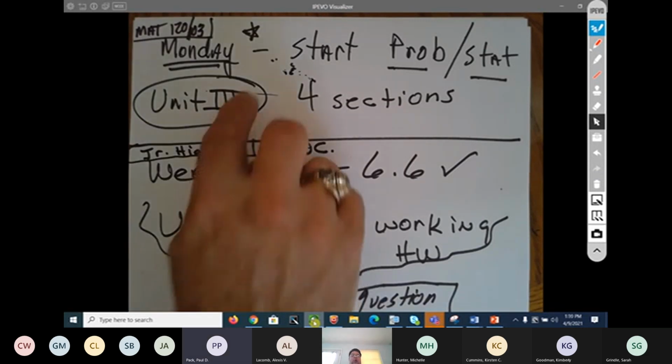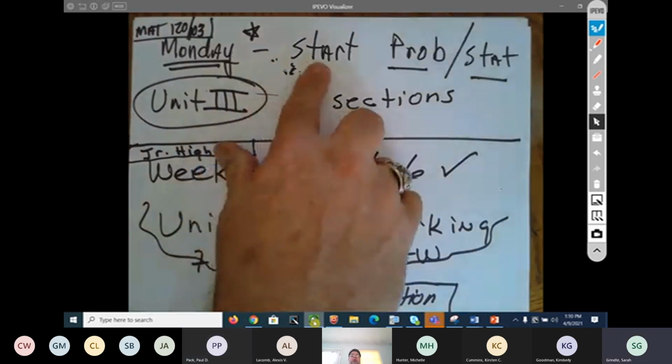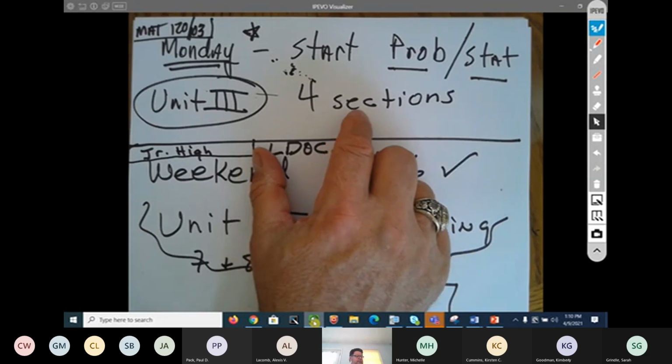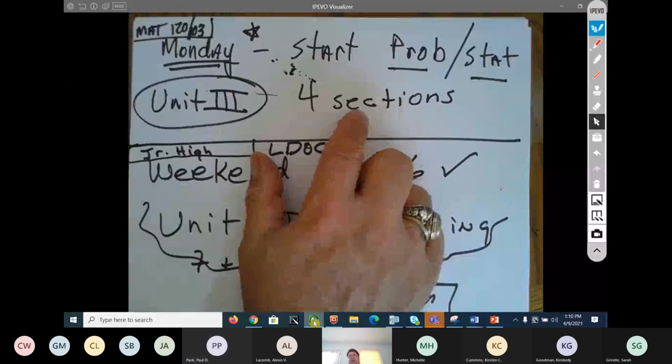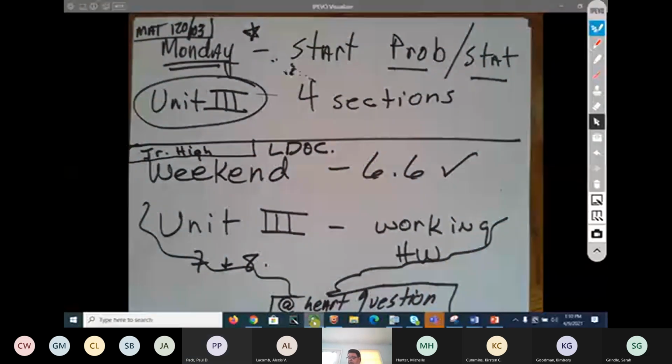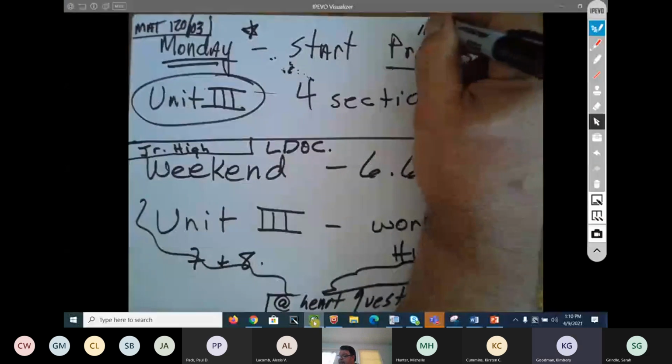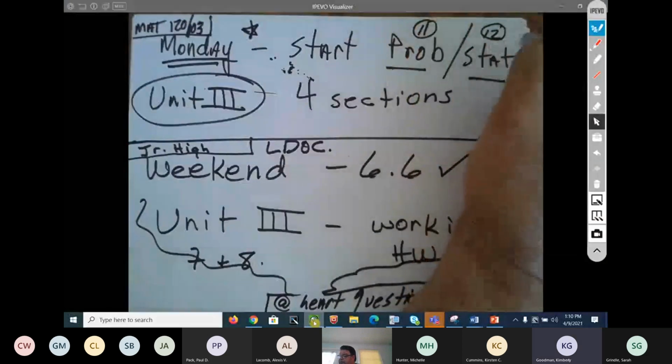Monday, I will start working on probability and statistics. Somebody look on your outline. I think it's 11 and 12. Somebody check me on that. Of course, everybody should have their outline with them. I think this is 12. It's 11 and 12. And this is 11. I'm going to do 12 first.